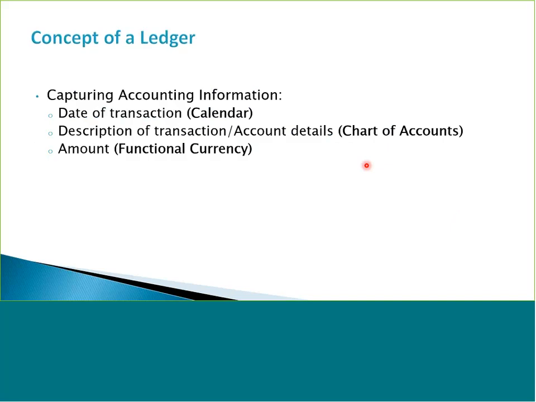So we have already discussed that the information that is captured in a ledger is accounting information. In order to capture this accounting information, there are things that we need to create or to maintain that enable this process of capturing and using accounting information.